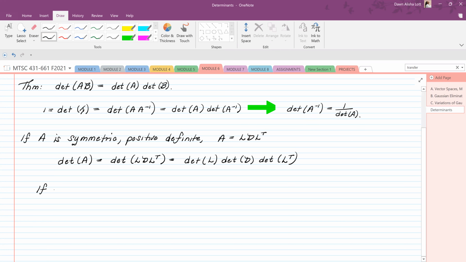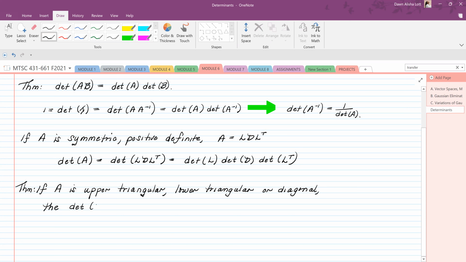So if A is upper triangular, lower triangular, or diagonal, then the determinant of A is just the product of its diagonal entries.